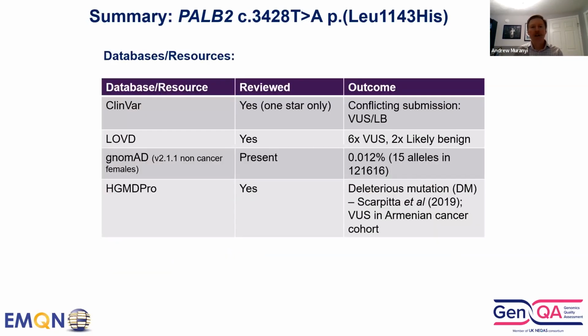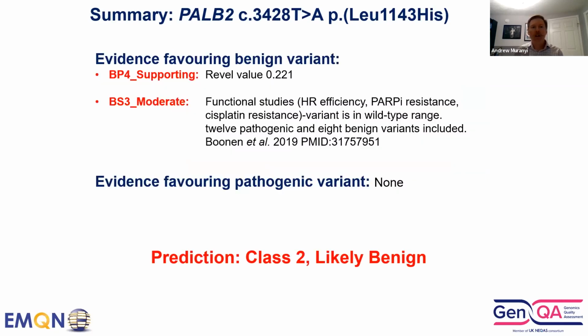This variant has conflicting evidence in ClinVar, as well as LOVD. There are 15 alleles in the gnomAD non-cancer female database. Overall, it has a REVEL score of 0.221, giving supporting evidence for BP4, and there is one publication involving functional studies with HRR efficiency and PARP resistance, which supports BS3 moderate. There is no evidence favoring pathogenicity, so we come up to a classification of likely benign.